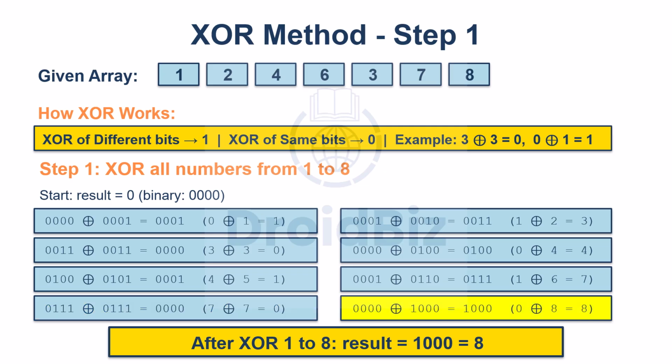Eighth, 0000 XOR 1000, which is 0 XOR 8, giving us 1000, which equals 8. Following this pattern through all 8 numbers, after XORing all numbers from 1 to 8, the final result is 1000, which equals 8, shown in the large yellow box. Now we'll XOR this result of 8 with all the array elements to find the missing number.